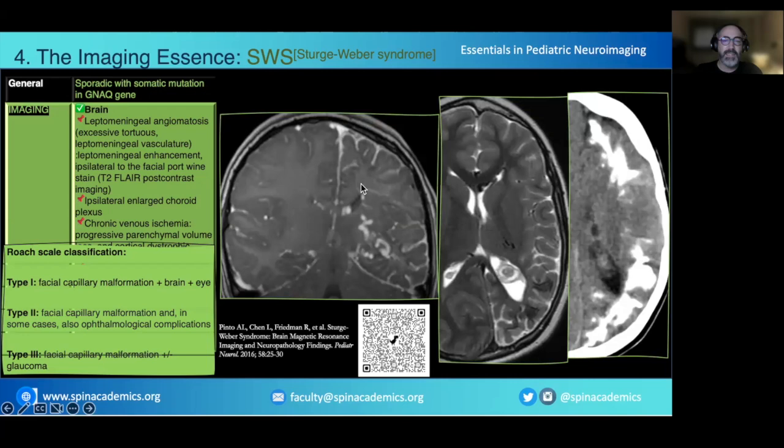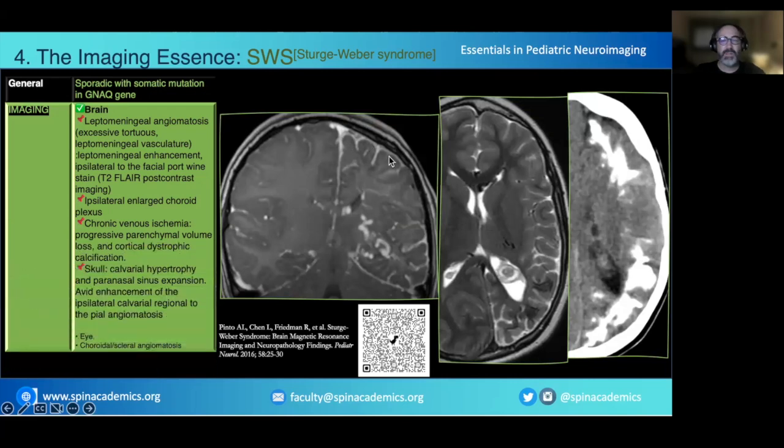And which are the main characteristics? That's the leptomeningeal angiomatosis. Here is almost all the left hemisphere with tortuous leptomeningeal vasculature, enhancement, this ipsilateral enlarged choroid plexus.